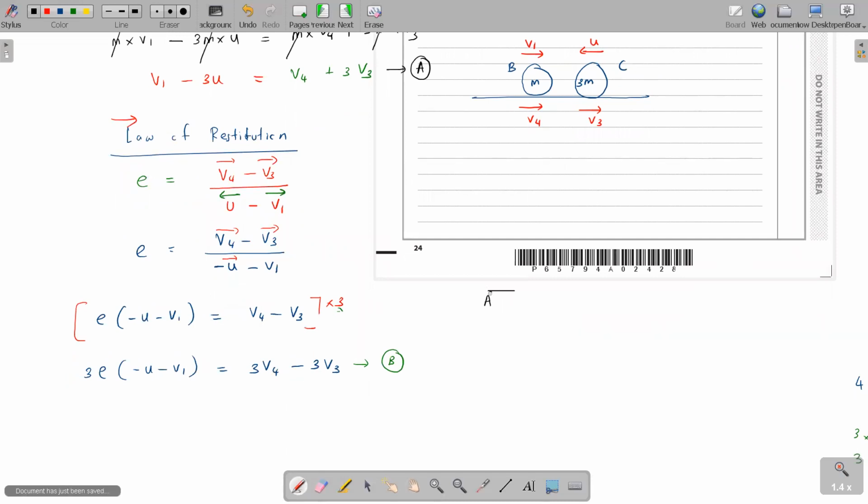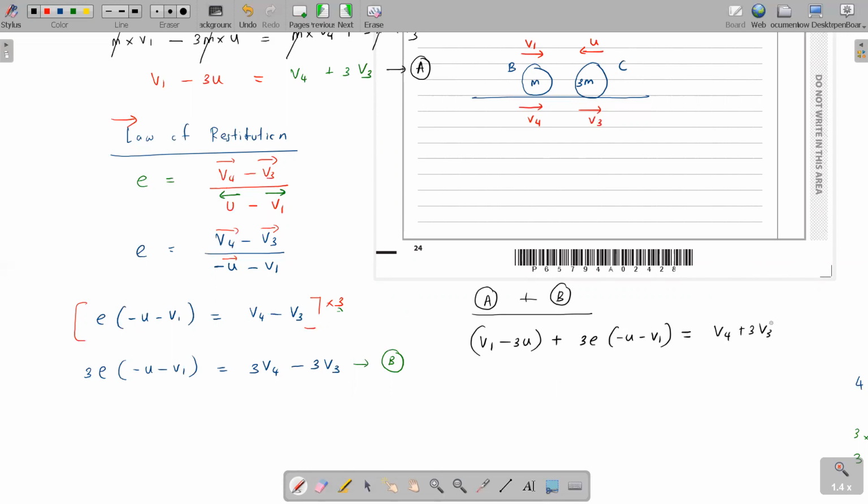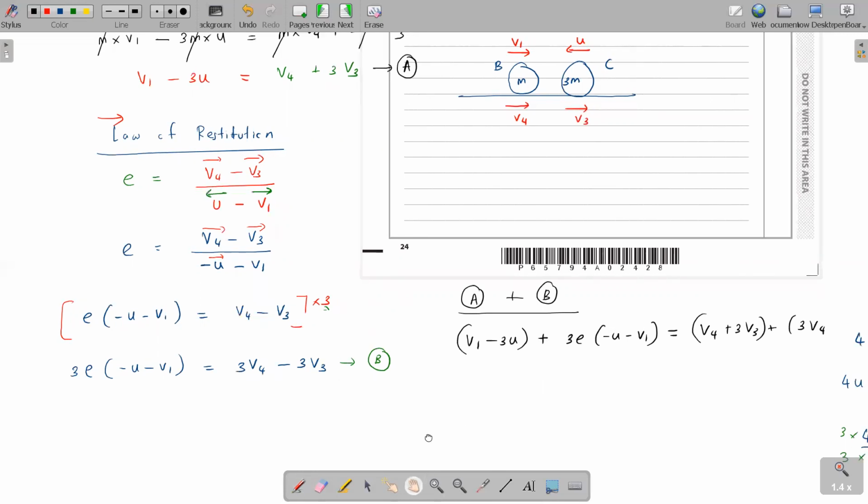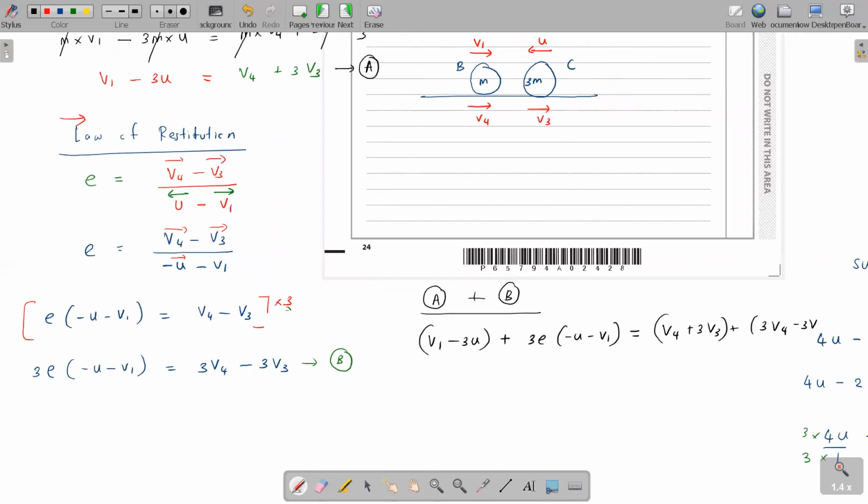So now let's add these two guys, A plus B, because when I add them, the V3 cancels. V1 minus 3u, I have to add with 3E times minus u minus V1. Adding with A, that is V4 plus 3V3, and adding the second, 3V4 minus 3V3.